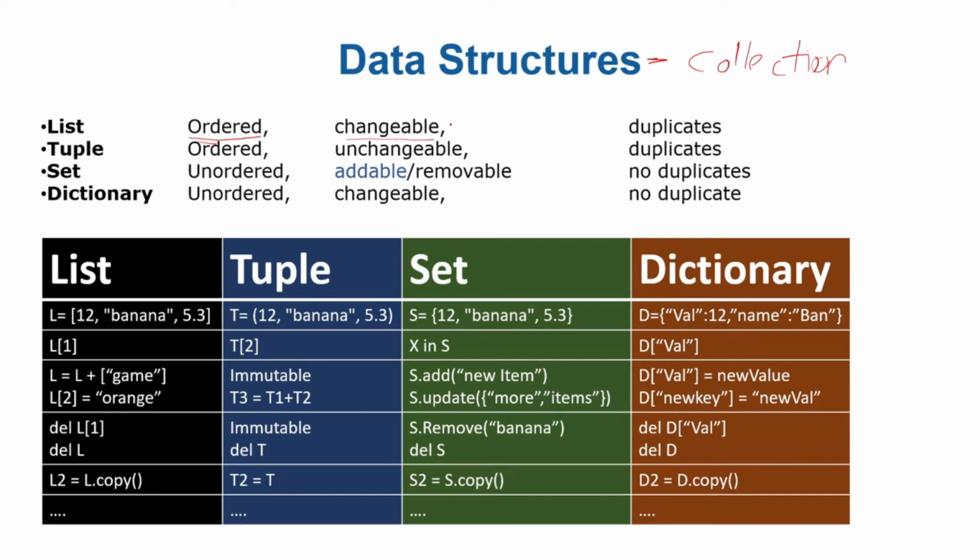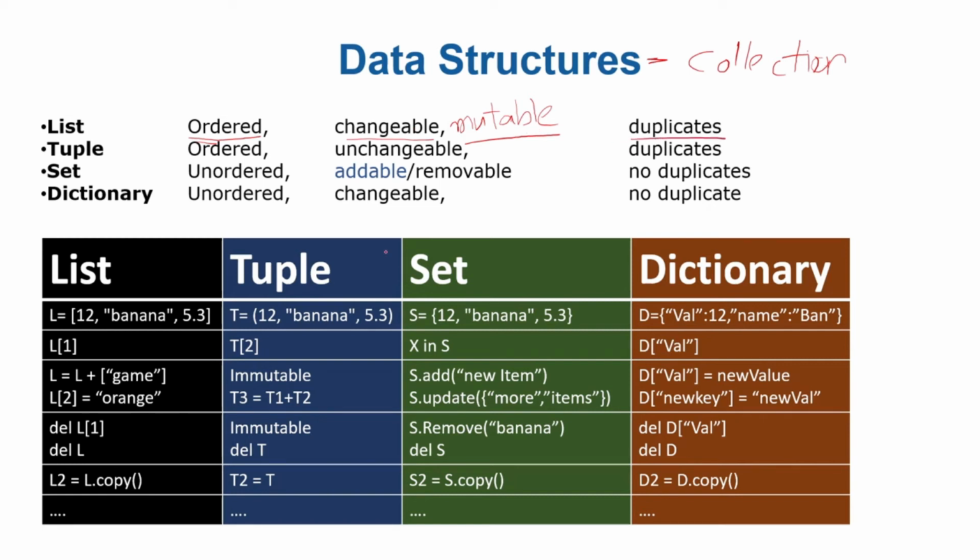Changeable, or more usable term, mutable. Mutable means once the list is created, in contrast to a string, you can change its elements. For example, you can change the third element with another element, and that's perfectly fine. You can change it. That's what we mean by changeable, or more popularly called mutable.